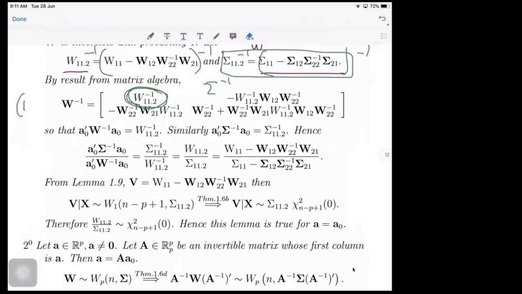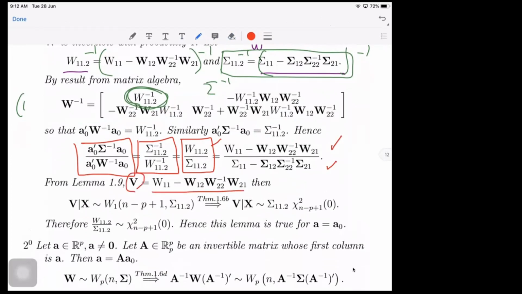So now we get the ratio of this, which is equal to this. Since this is just an inverse, you can write it in this manner. But how we define W11.2 will be equal to that, and W11.2 will be equal to that. So by the important lemma, wherein we have V to be defined as W11 minus W12, W22 inverse W21, which is this.